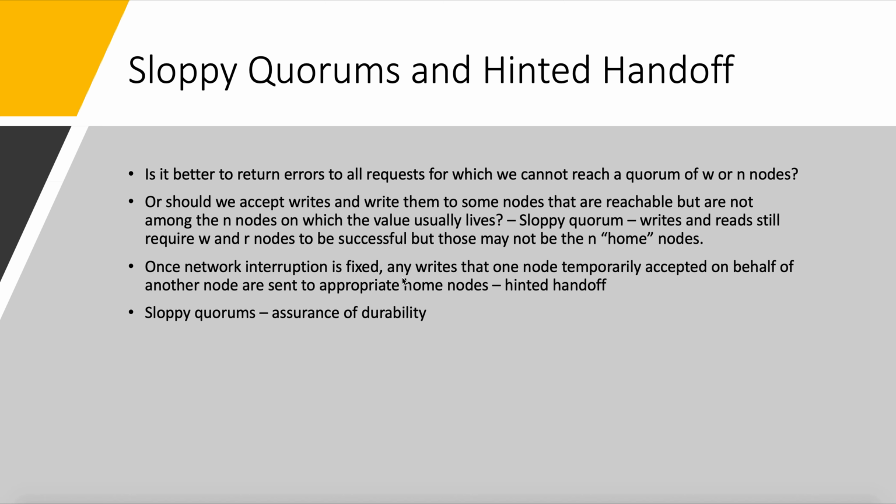Once the network interruption is fixed, any writes that one node temporarily accepted on behalf of another node are sent to the appropriate home nodes, and that is called hinted handoff. Thus we see sloppy quorums are not actually quorums but an assurance of durability.